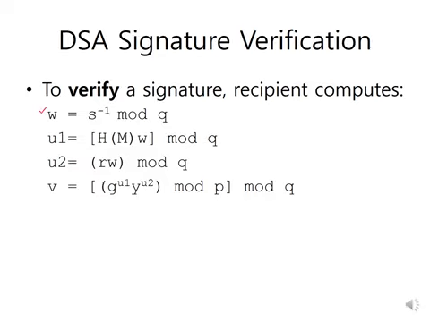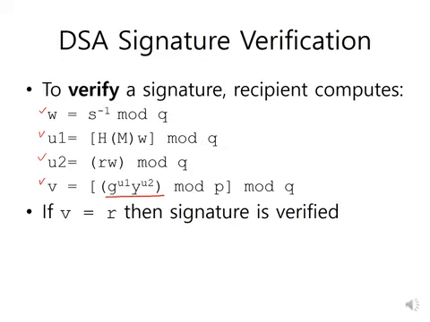First, W is computed, which is S inverse mod Q. Then U1 is computed as H of M times W mod Q, where W is the S inverse, and U2 is calculated as R times W mod Q. Then V is calculated as G to the U1 times Y to the U2 mod P and mod Q. In this case, if V is equal to R, then the signature is valid. So let's demonstrate why the verification procedure works correctly in the next slide.